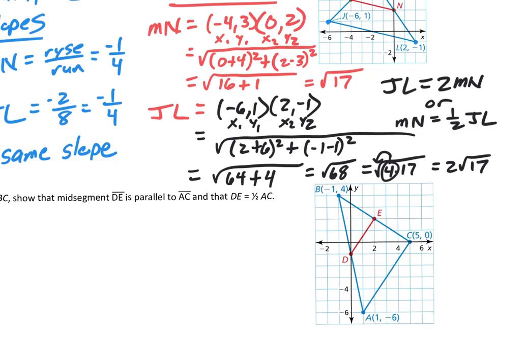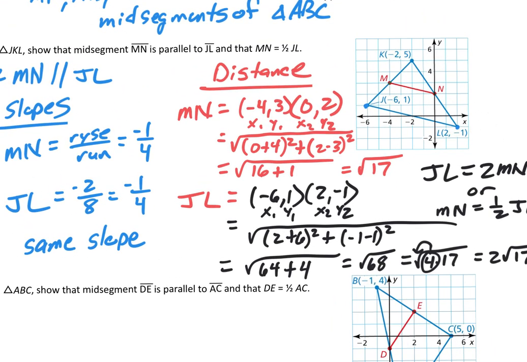Okay. So what this tells us, and we're going to talk about this a lot today, is on a mid-segment, there's 2 things that are true. If I indeed have a mid-segment, these 2 are parallel to one another. So I could put an arrow on there to show they're parallel, okay?